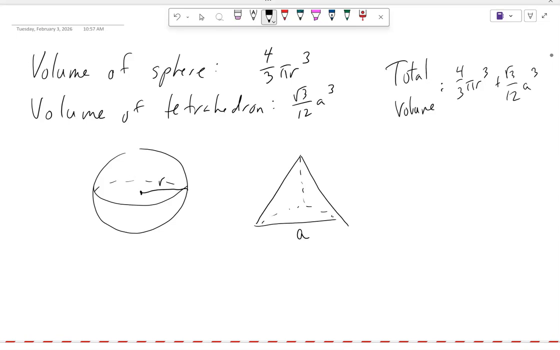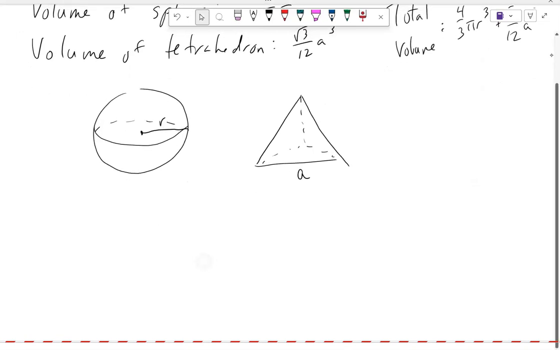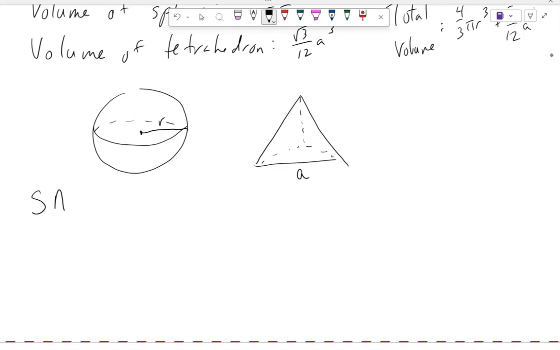And that's going to be the other piece of information that you were given for surface area. We know that the surface area has to be 12, right? So if we go for our sphere again, the surface area of the sphere is 4 pi r squared.